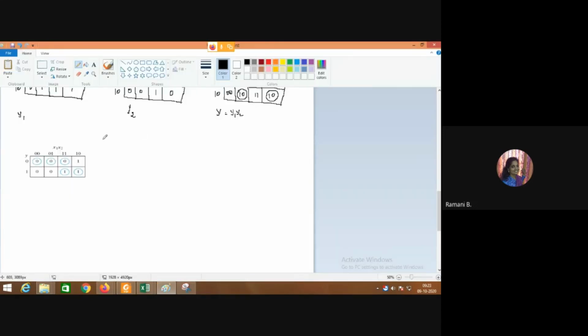So let us consider this one for the design. Here you are given only with the states. Now to design this using SR latch, we need the excitation table actually.